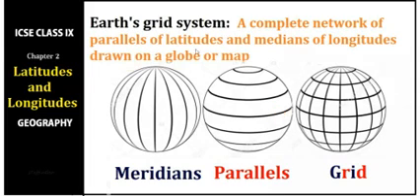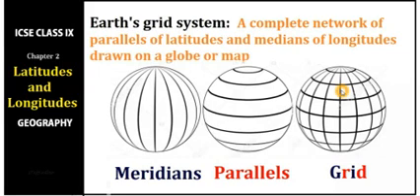There are many intermediary directions based on the division of the southern direction or northern direction. So, Earth's grid system: just imagine it is on the Earth, a complete network of parallels of latitude and meridians of longitude drawn on a globe or a map. You just assume that it is on the globe, and it is drawn on the map.